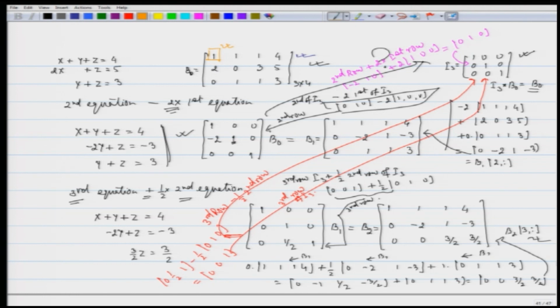Is that okay? So, this one in the first row is a pivot. So, this is called a pivot, and this is the coefficient of x. All right. Is that okay? In B1, this is the pivot. All right. This is the pivot.